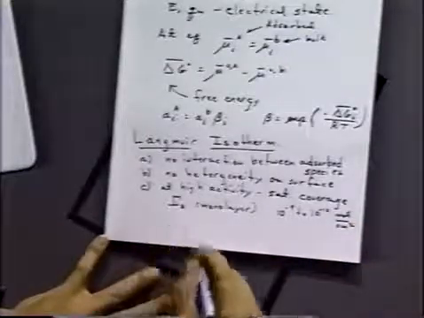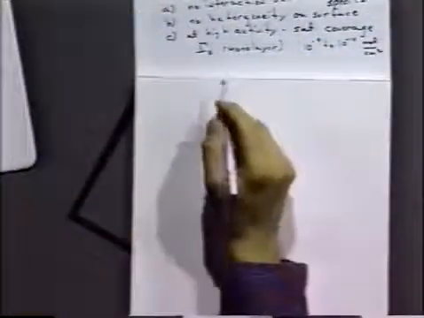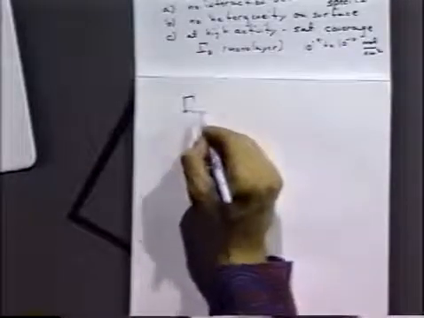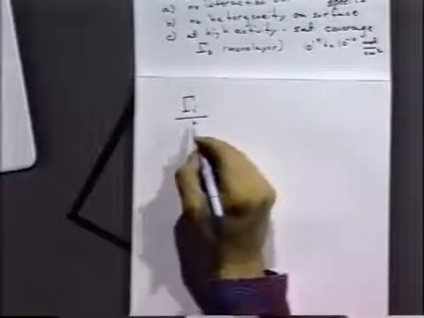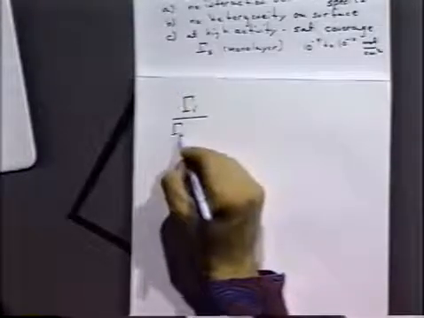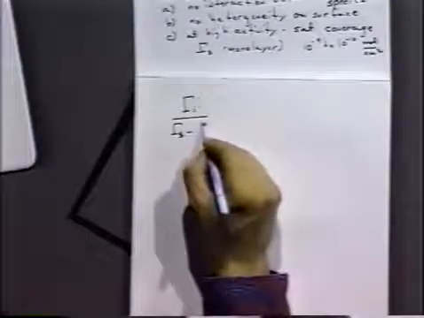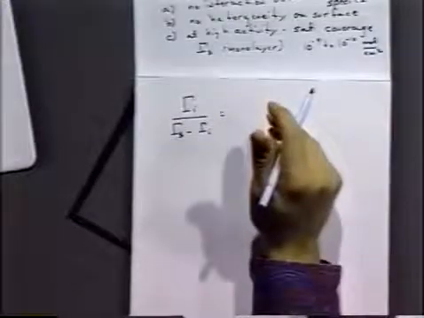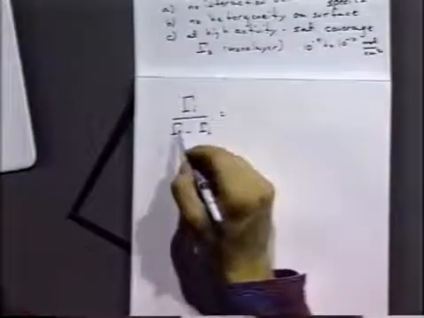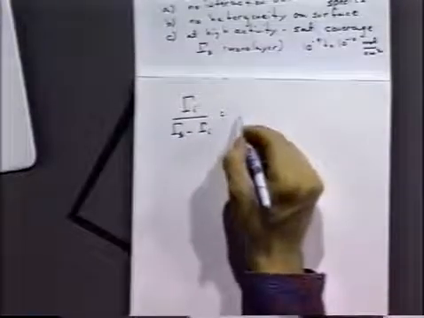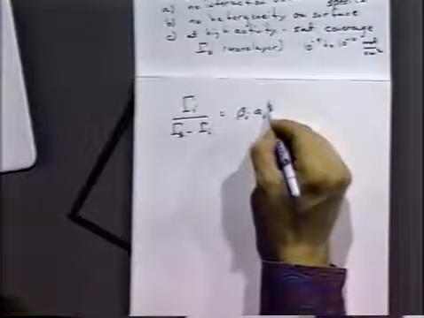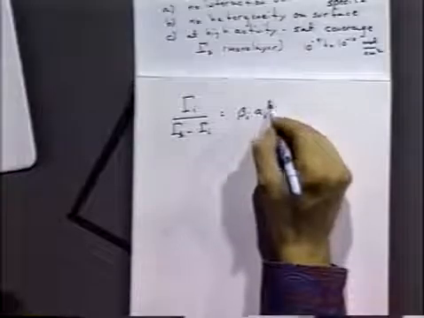Given this, we can derive a relationship, and the relationship in the Langmuir isotherm says that gamma sub I over gamma sub S minus gamma sub I is equal to beta sub I times alpha, or activity of I that's adsorbed, or in the bulk.